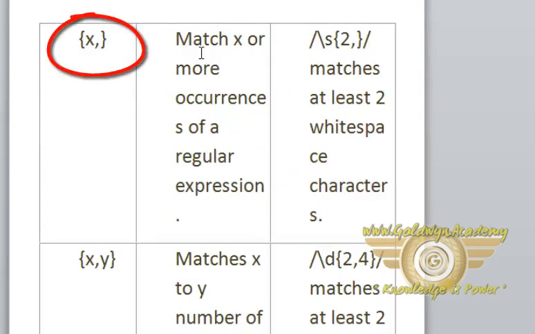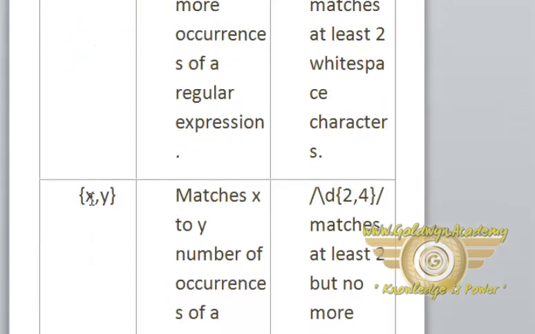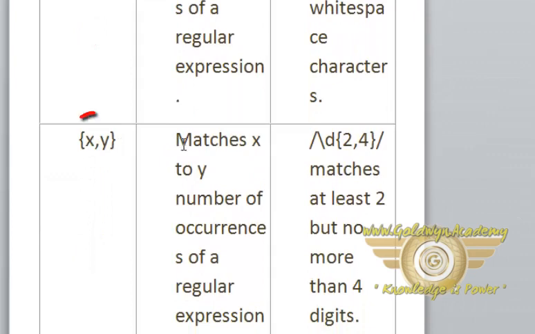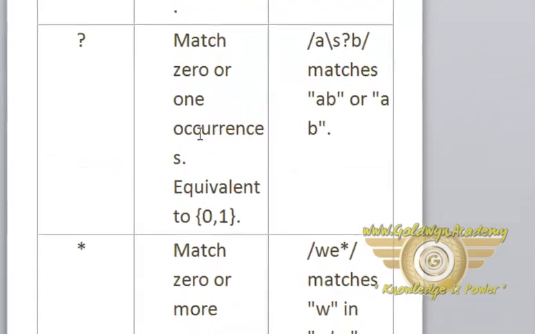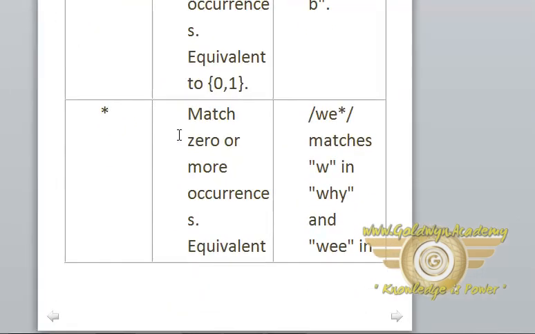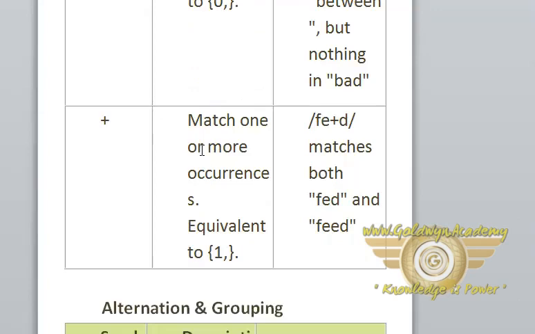It matches X or more occurrences of a regular expression. Here, a starting digit and an ending digit. It matches X to Y occurrences of a regular expression. Here the question mark matches 0 or 1 occurrence. In the same way, star matches 0 or more occurrences. And plus matches 1 or more occurrences.